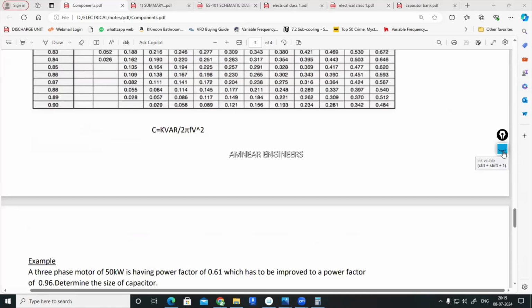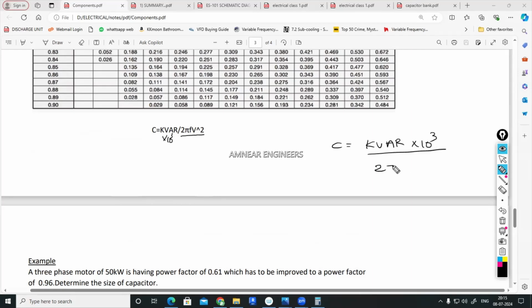If you want to convert that into farads, multiply kVAR into 10 raised to 3, as it is kilo values, divided by 2 pi f V square. You will be getting the capacitance in farads. But it is not required while doing projects; we need the kVAR value only.